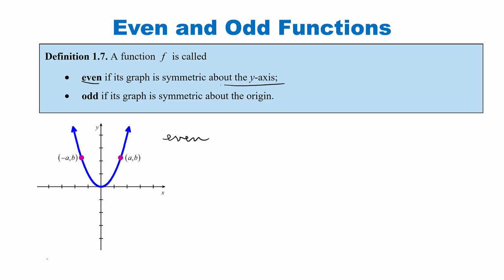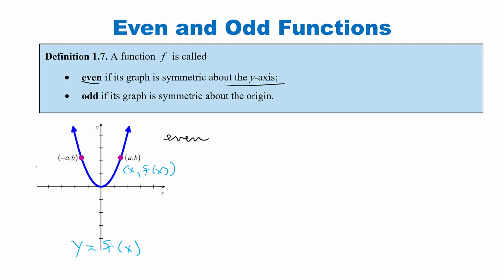So if I have the point (A, B) on this graph, and we'll say this is the graph of y equals f of x, then for any point x I have in the graph, I can think of A as being equal to x, B as being equal to f of x. Anytime we have a graph y equals f of x, if we plug x into our function, we get f of x. So we'll rewrite (A, B) as the point (x, f of x).